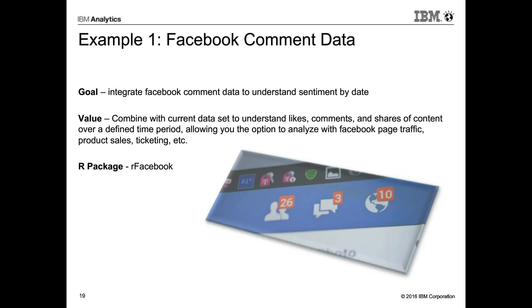So the first example that I want to talk about is Facebook comment data. This comes from a project I was actually working with. Again, I mentioned before I live in Minneapolis, and I'm a big jazz music fan, and there's a pretty famous jazz club here, and I know some of the people that work there, and they actually have SPSS Statistics.